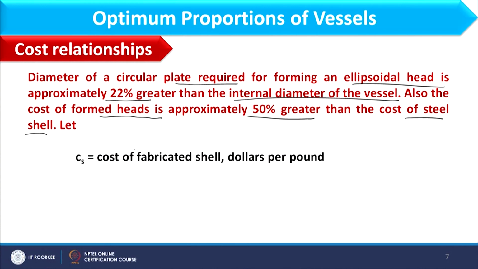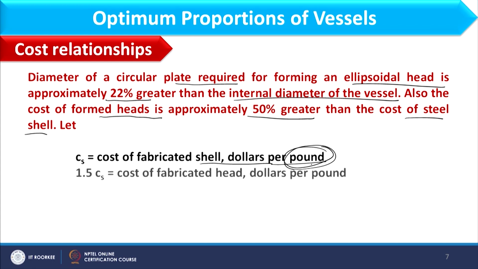So considering all these factors, I have CS. CS is basically the cost of fabricated shell, that is dollar per pound. Pound means it is defined per unit mass. So CS is the cost of fabricated shell. So 1.5 into CS is the cost of fabricated head, that is dollar per pound. Okay. And then we have considered T as the thickness of head and shell, and that is given in inches.